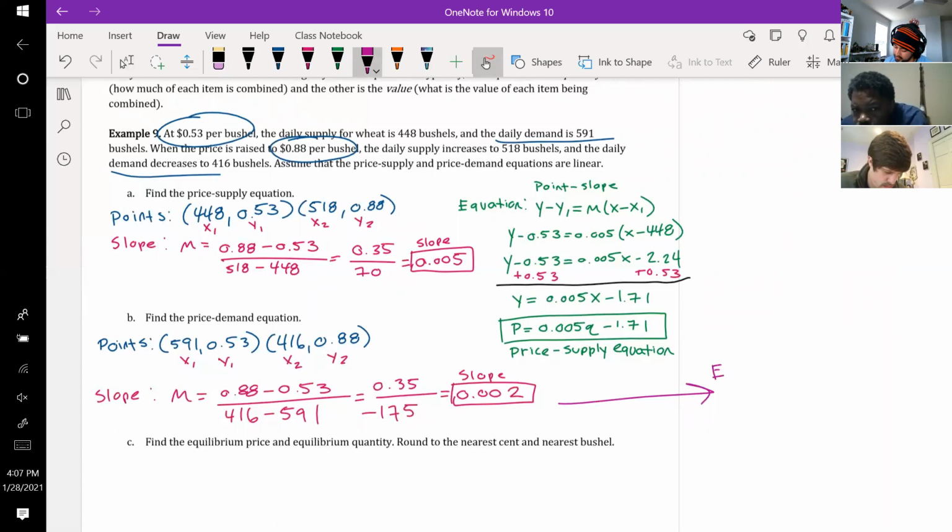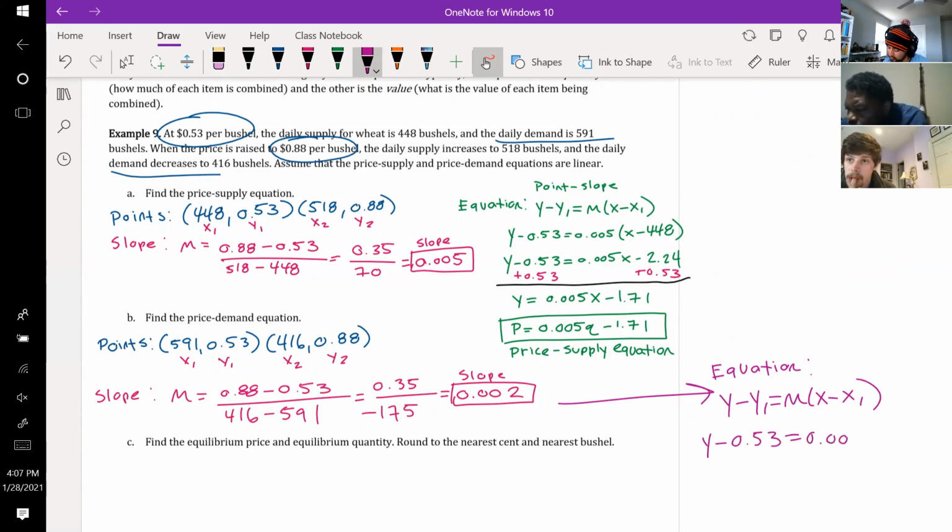So here we go to the equation. Using that point slope formula again. And plug everything in. 53 equal to slope 0.002 times x minus x1, which is 591.